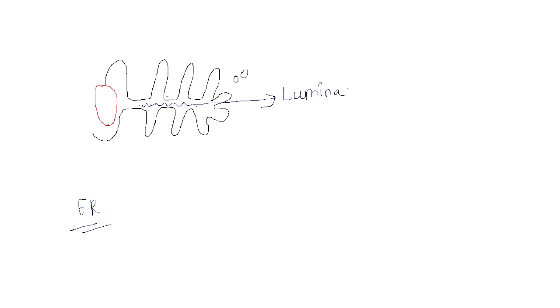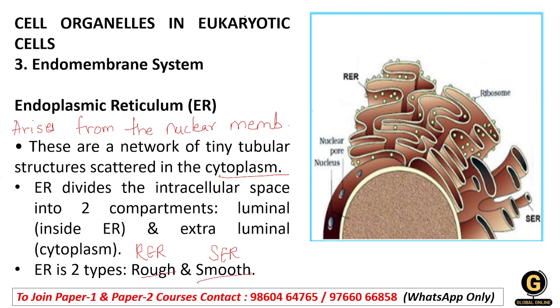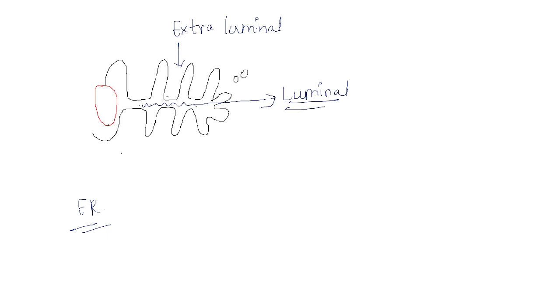What is it called? Luminal space. And the space outside the ER, students, is called the extraluminal space. Extraluminal space. ER divides the intracellular space into two compartments, luminal inside the ER and extraluminal, that is outside the ER in the cytoplasm.